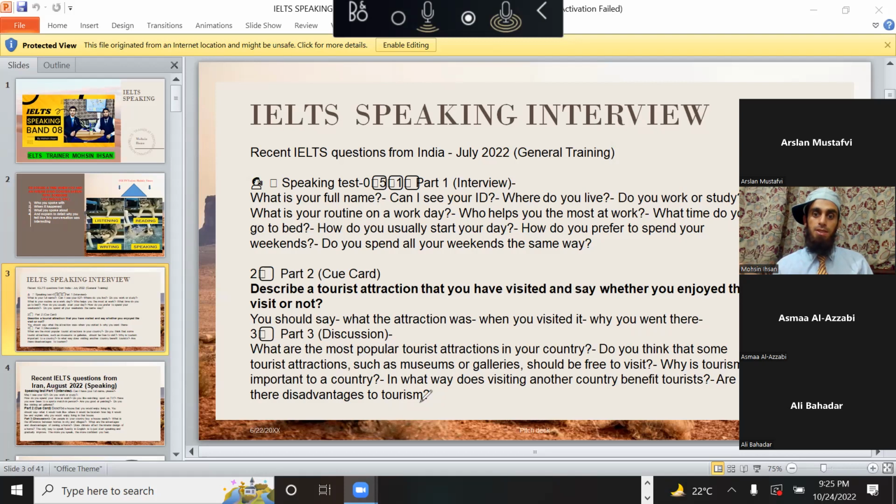Because this is what psychology says: when you read from paper and when you read from screen, the person who reads from screen, their mind mostly does not grow as compared to the one who is reading or writing on paper. So I prefer paper based. Otherwise, it's your choice. And the most important thing is your work. If you've done it very well, this is going to give you a good score or good band.